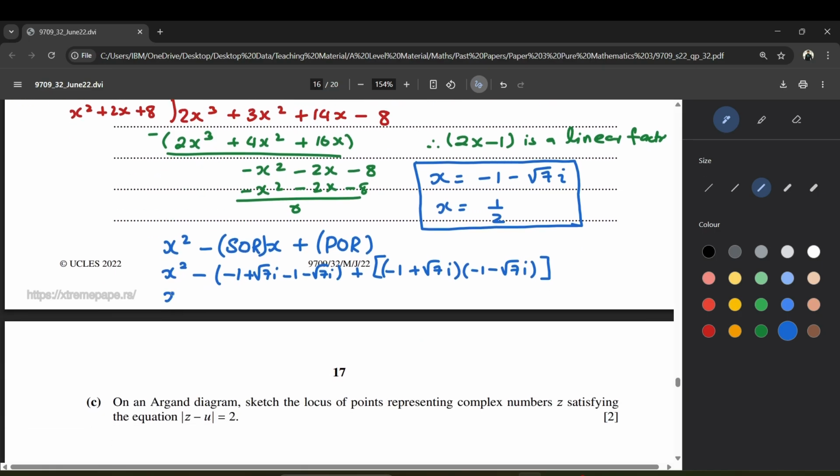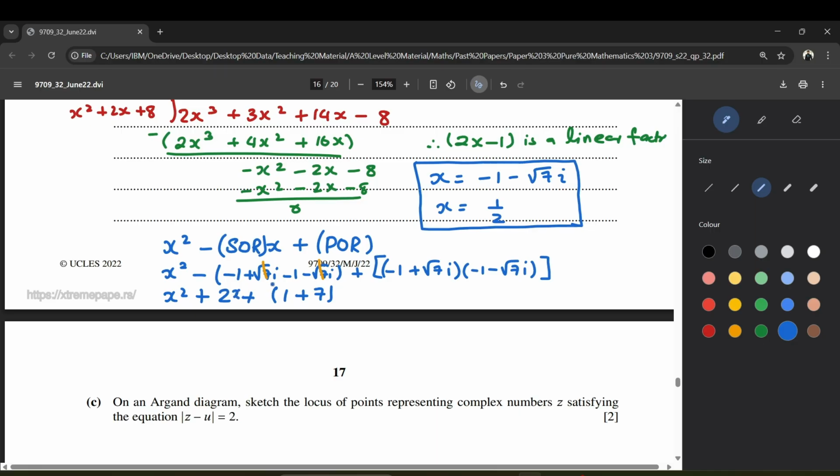Now when you simplify this, you can see that plus root 7i and minus root 7i cancel out. You have x square minus minus 2, so minus minus becomes plus, plus 2x, plus minus 1 times minus 1, that is positive 1, and this will be root 7 whole square, so that will be plus 7, because i square also becomes minus 1.